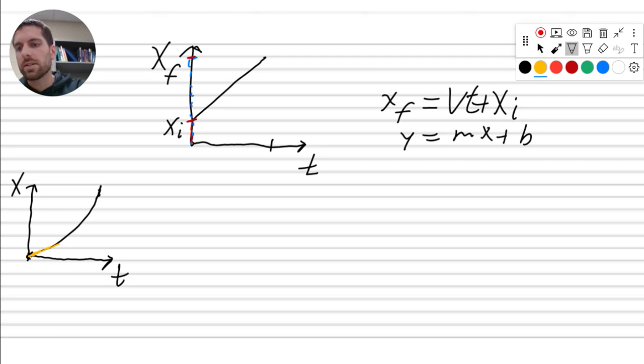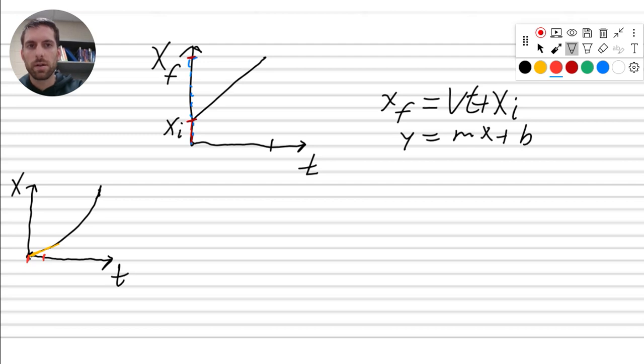So if we zoom in on that, we can make a pretty good approximation that if we are at some time period here, and we go forward a little bit here, we're mostly at a straight line, and we're going to have some initial position over time slope, and then a final position over time slope, which we can average out.